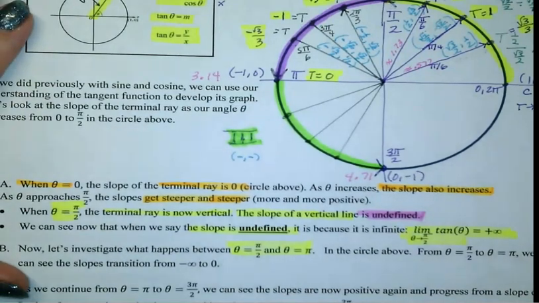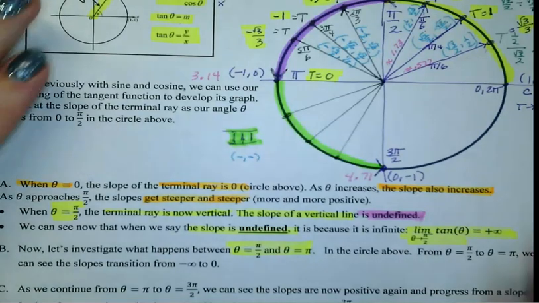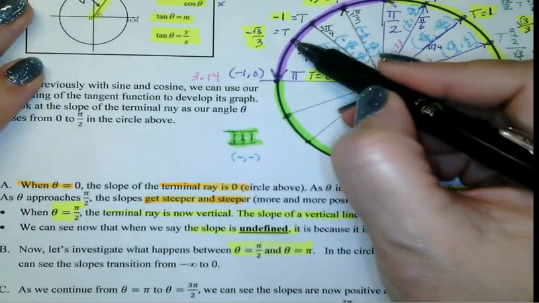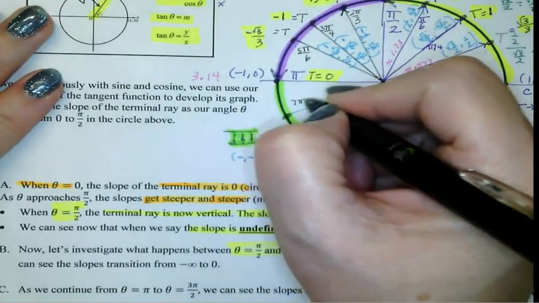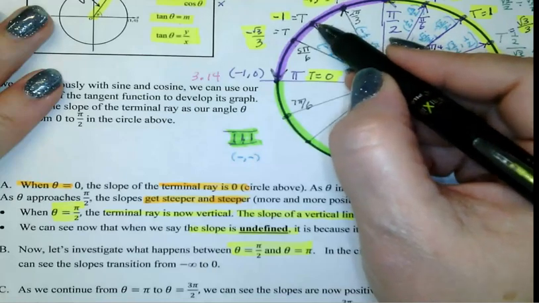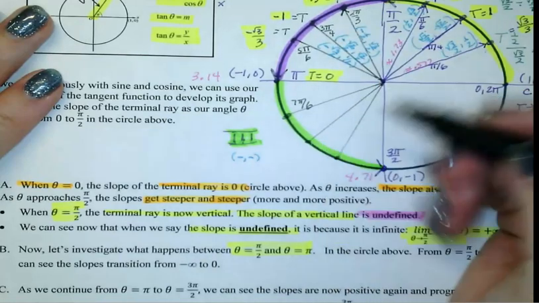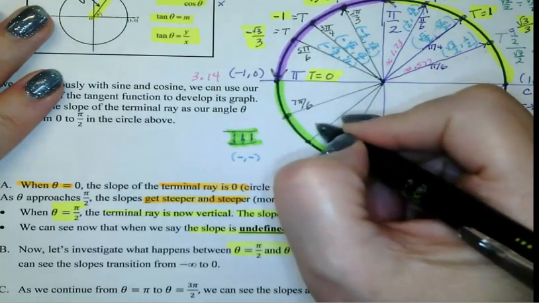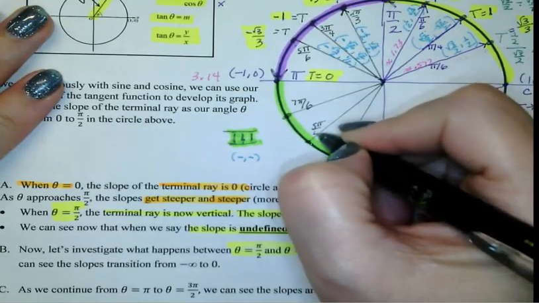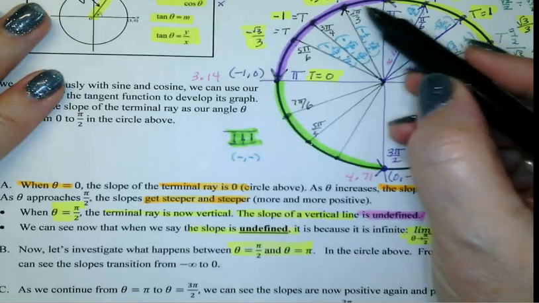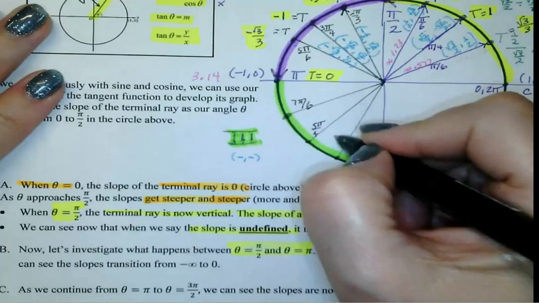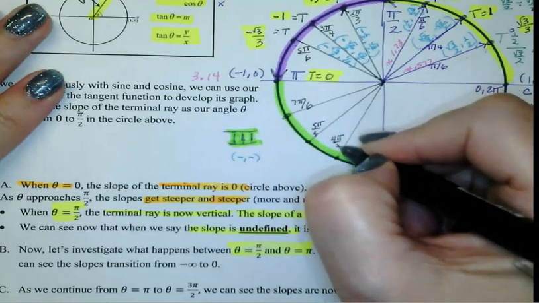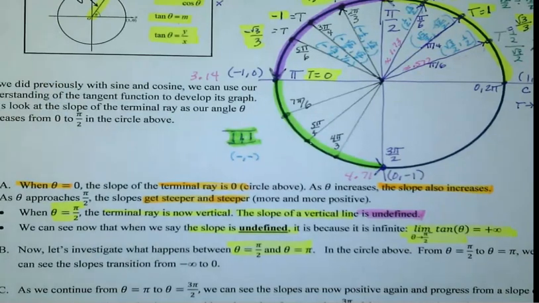Okay, so let's get the angles in here first. So we should know from our unit circle knowledge that if I take this and I reflect it here, then that's going to be 7 pi over 6. And if I take the 3 pi over 4 and reflect it down here, that's going to be 5 pi over 4. And if I take this point and I reflect it down here, then that's going to be 4 pi over 3. These are all prior knowledge things that you should know.